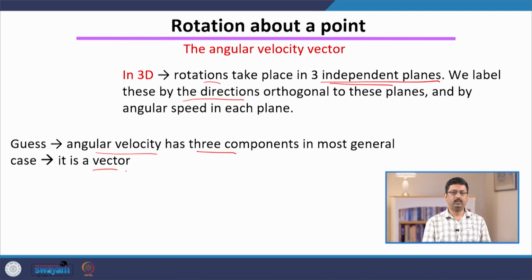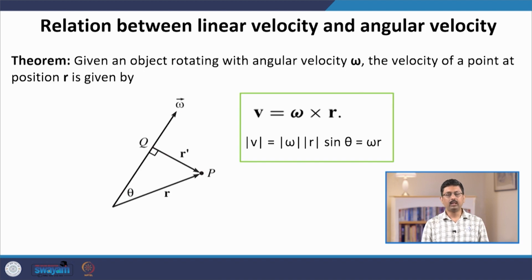That tells us that angular velocity is a vector. Now, to be precise, the angular velocity behaves in the same way as a vector under coordinate transformation, but it behaves slightly differently under a reflection.